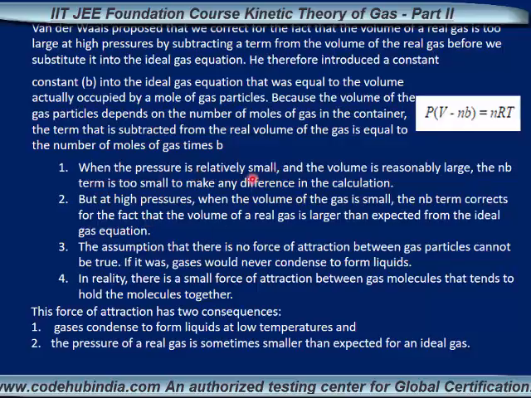When the pressure is relatively small and the volume is reasonably large, the nb term is almost negligible. Because V is very large at that time, nb becomes less and less compared to V, and we can neglect nb and follow the ideal gas formula.